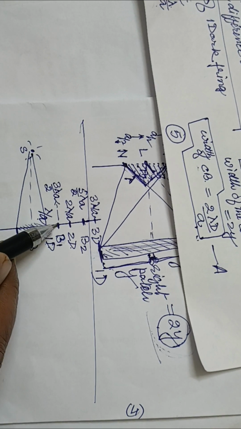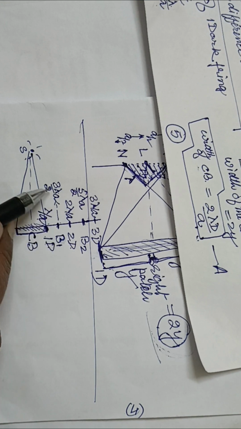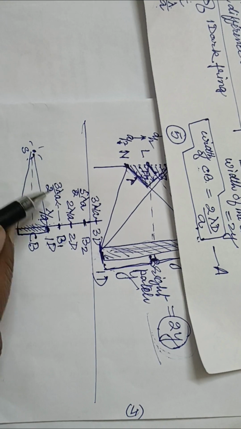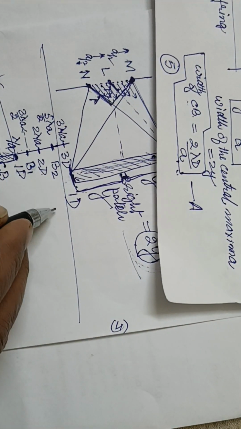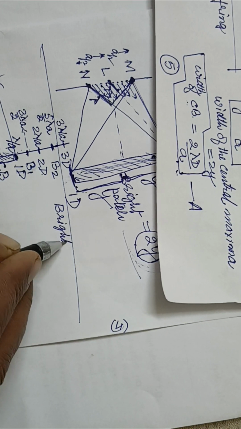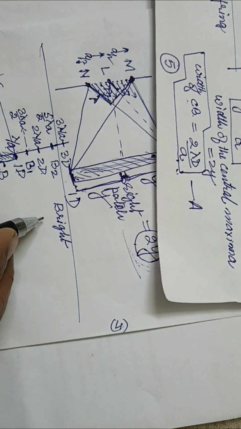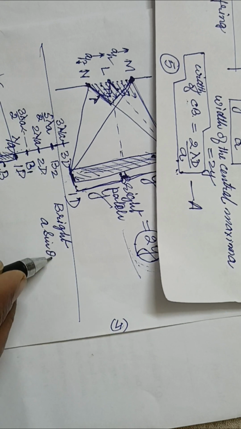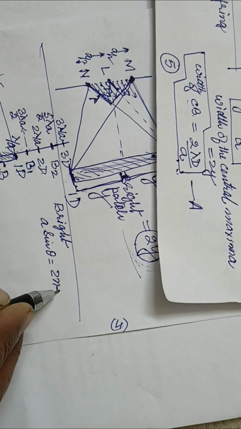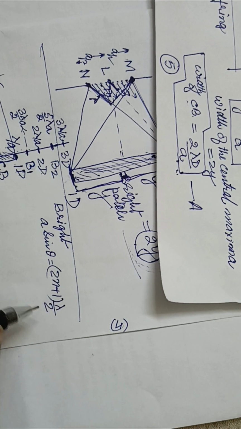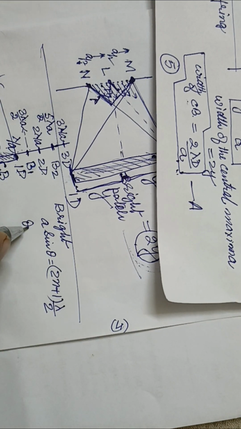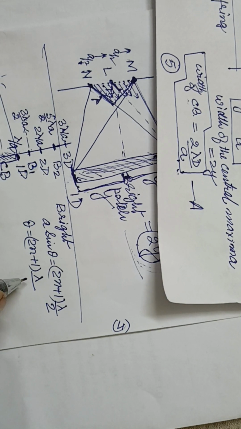Then the first bright you are getting in between the first dark and the second dark, that is 3 lambda by 2a. So if you want to calculate the position of the bright fringe, you can write a formula: a sin theta is equal to (2n plus 1) lambda by 2. That means sin theta is equal to (2n plus 1) lambda by 2a.